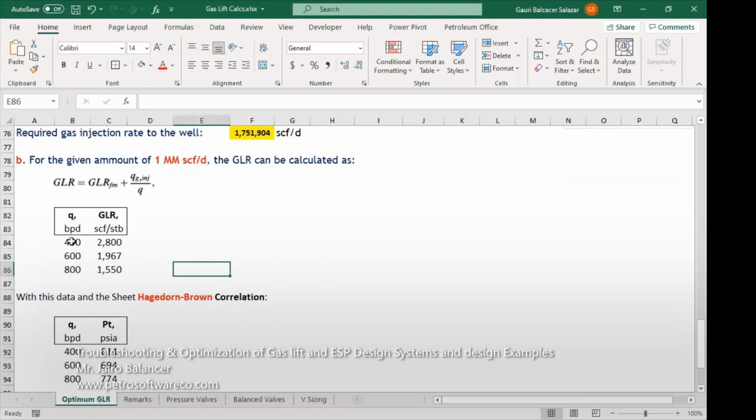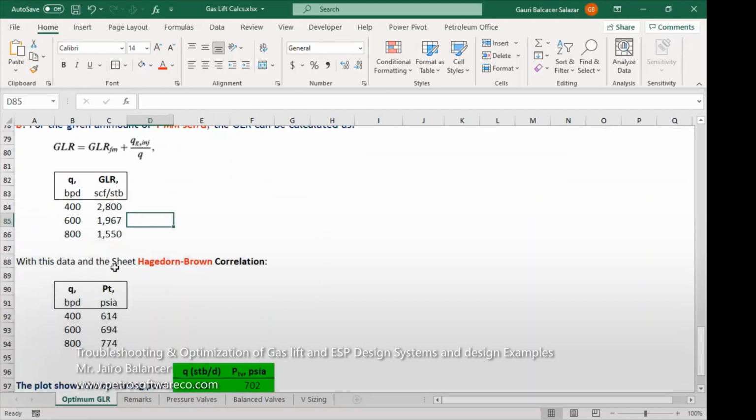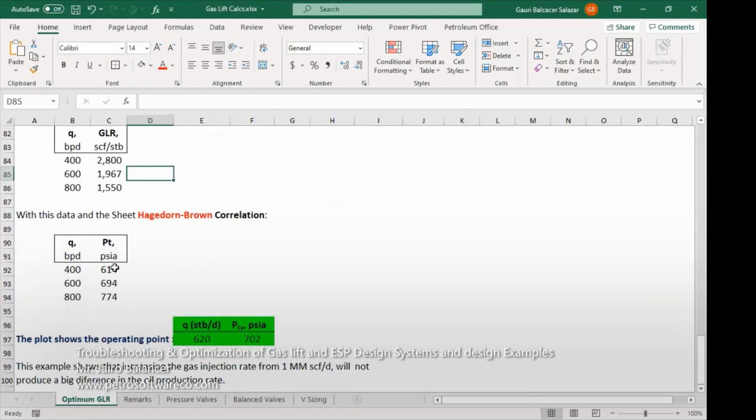We get the same three numbers, 400, 600, 800 as a rate, and we calculate again with this equation the gas lift ratio. With this information and the data sheet, the Hagedorn and Brown correlation, it's a data sheet I have.